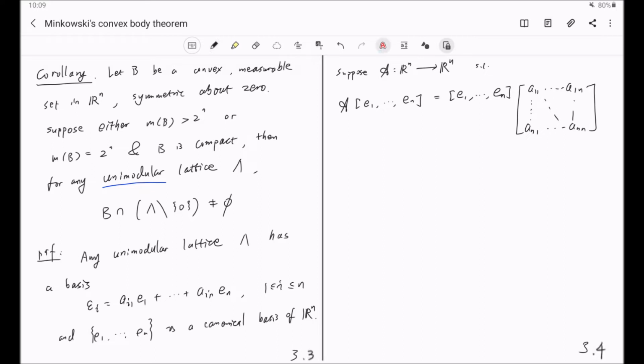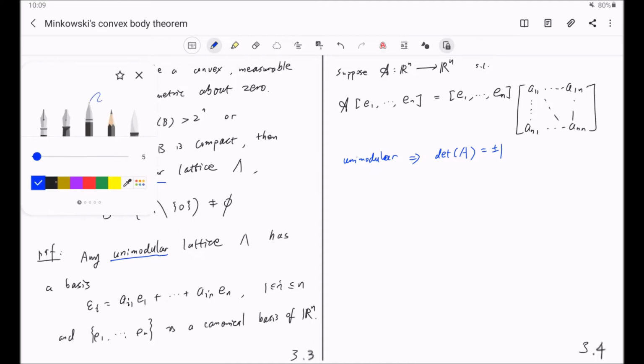And because lambda is unimodular, the determinant of the matrix A is equal to plus minus 1. In particular, the determinant being plus minus 1 implies that this linear transformation is measure preserving.